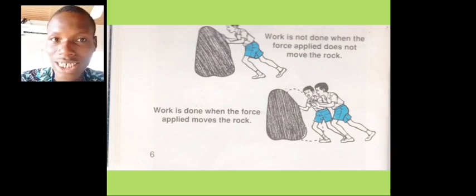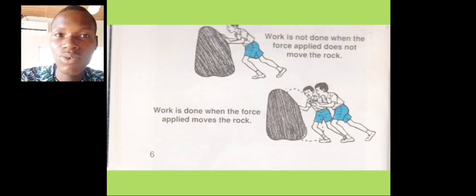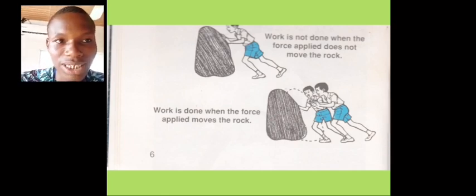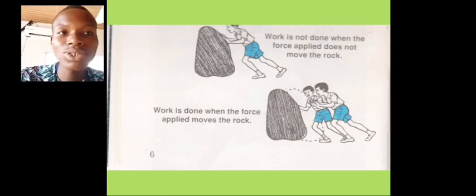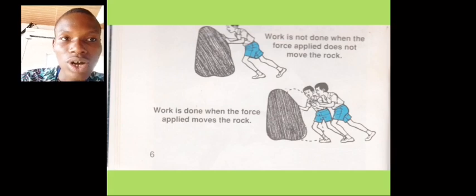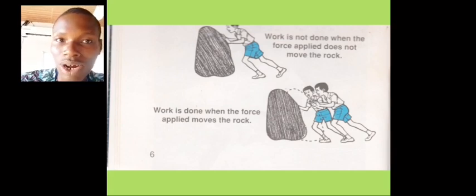Zero. That's the force 50 and the distance 0. So everything will sum up to 0. Work done is 0. Now in the second diagram, another young man comes to help him, and both of them apply the force together and the rock moves. Immediately the rock moves, work has been what?